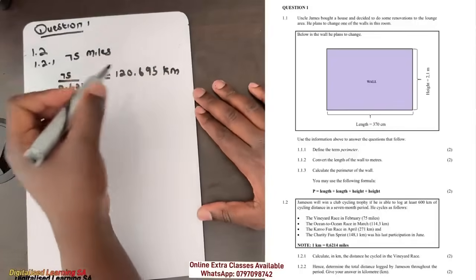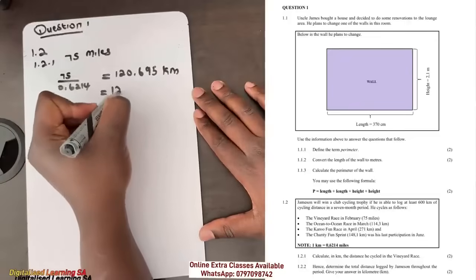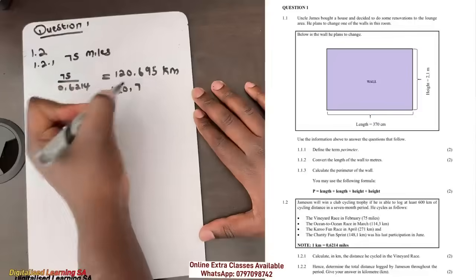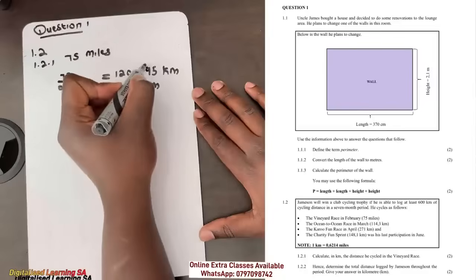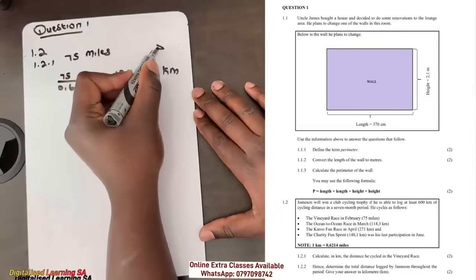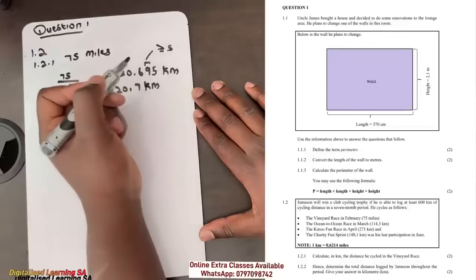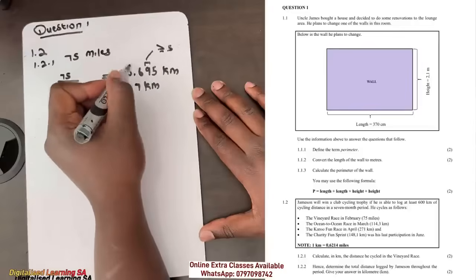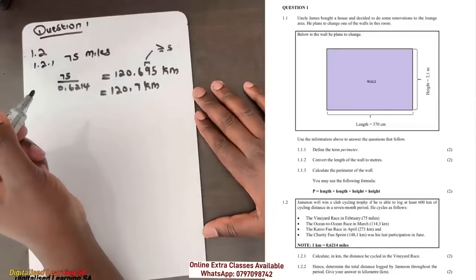And if we want to convert this into one decimal place, it will be 120.7 kilometers, because our 9 is greater than or equal to 5. So our 9 is greater than 5. That's why our 6 then became 7. So that's the answer for question 1.2.1.